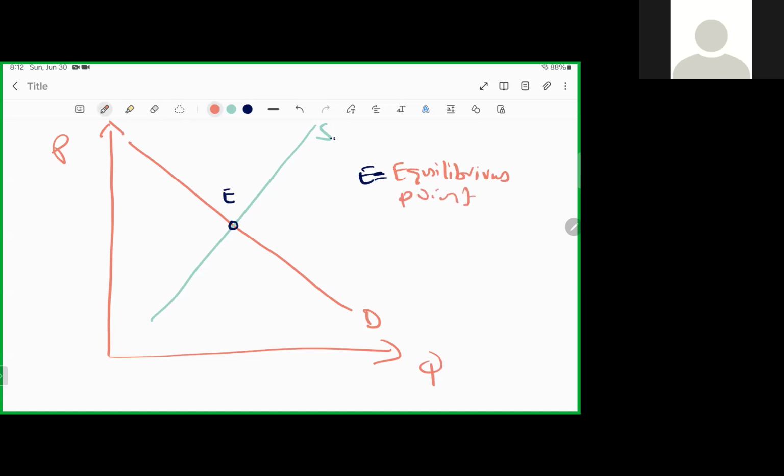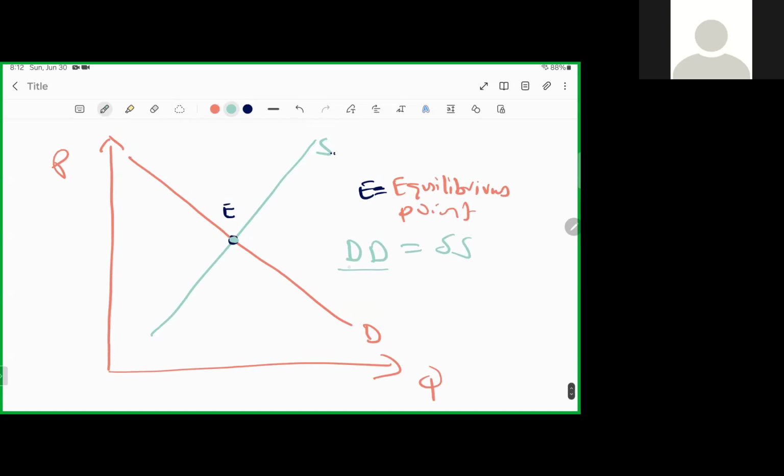You will notice that at that particular equilibrium point, demand is equal to supply. Which means that when there is an agreement between the amount demanded and the amount supplied, at that particular point, we say there is an equilibrium in the market.